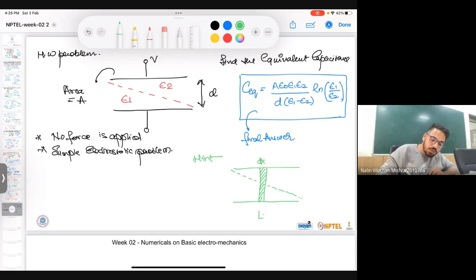Assume the total length as L, and this strip is at distance x. So this distance will be L minus x.